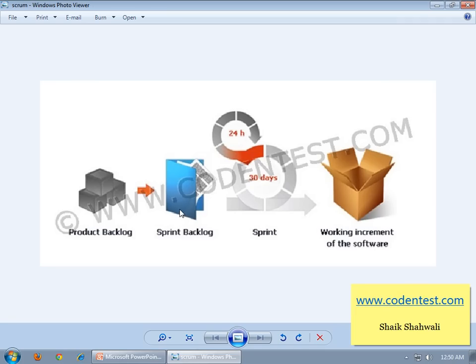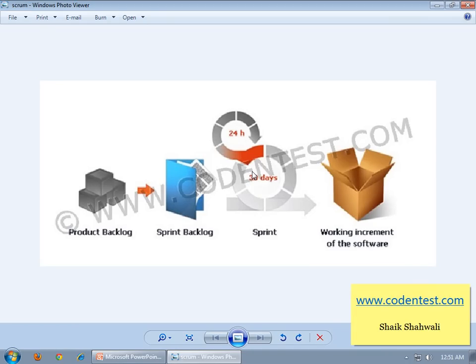Now the sprint backlog. Before explaining the sprint backlog, I'll explain what a sprint is. Sprint is the basic unit of development in Scrum. The actual work in Scrum methodology is done in a sprint.